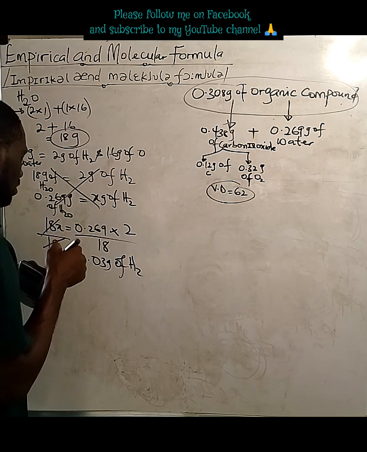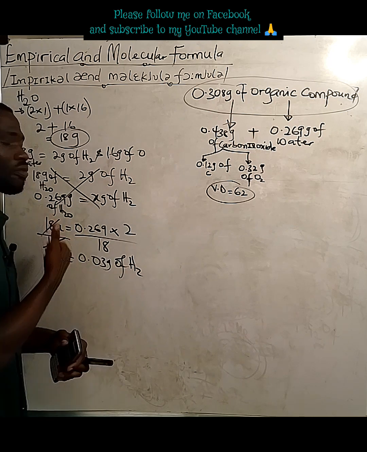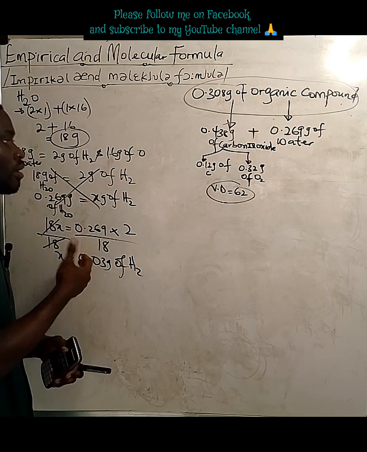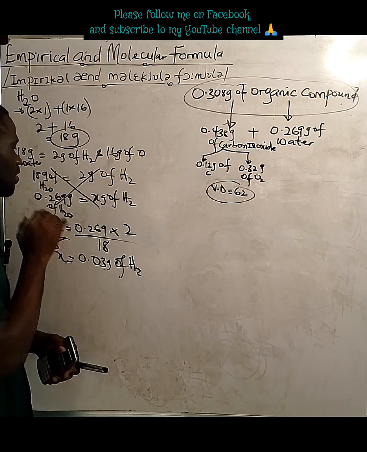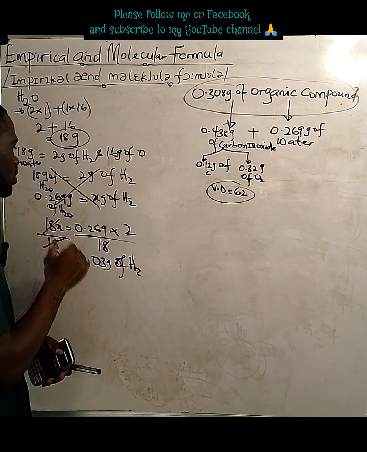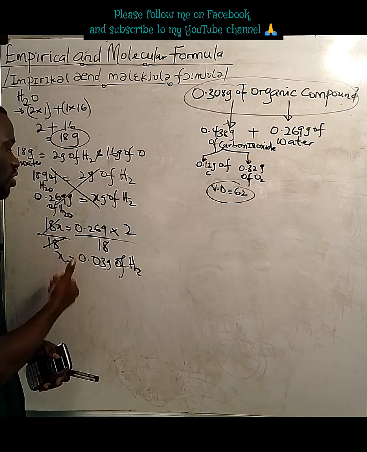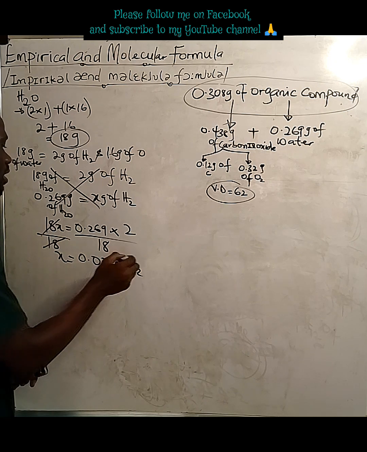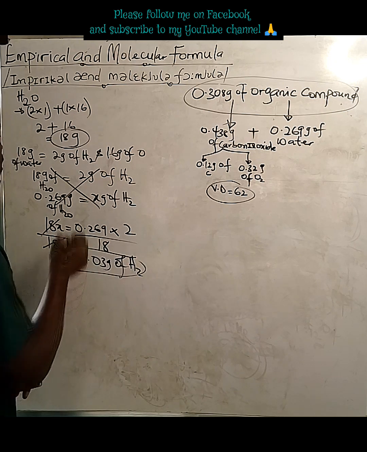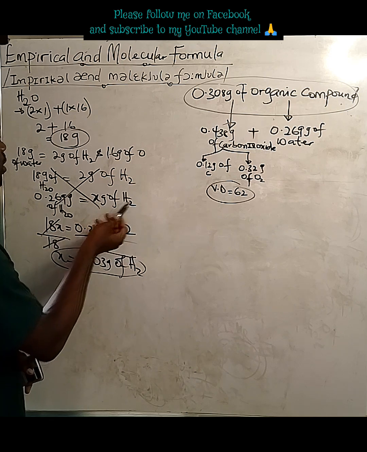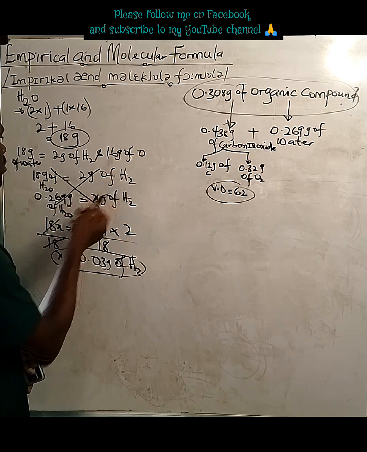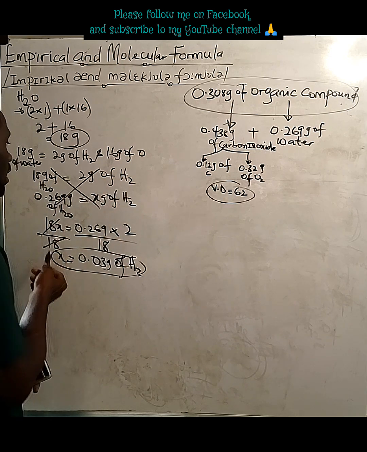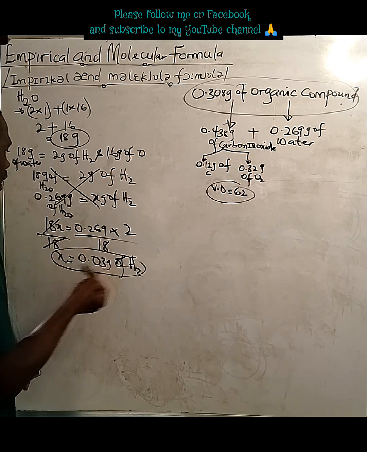So it means naturally 18 gram of water contains 2 gram of hydrogen. So if 18 gram of water contains 2 gram of hydrogen, then the 0.269 gram of water will contain 0.03 gram of hydrogen approximately. So now since we've gotten this, let us get the amount of oxygen that we have in 0.269 gram of water.